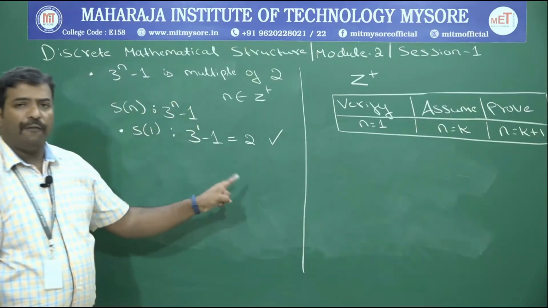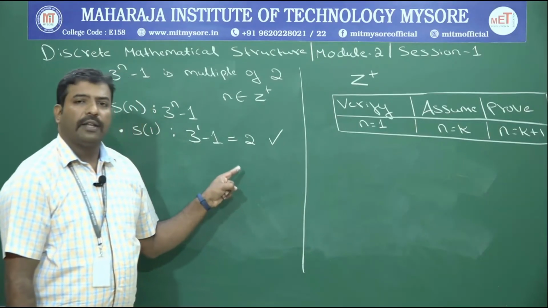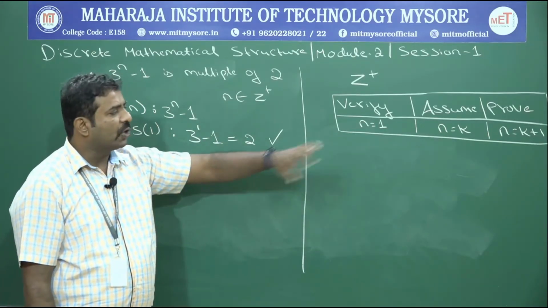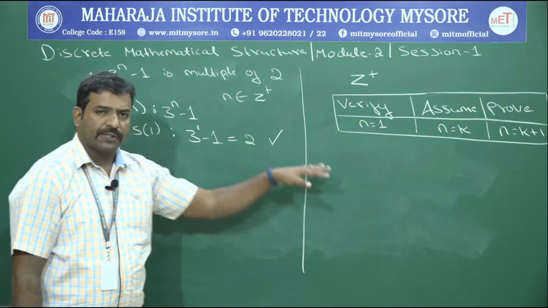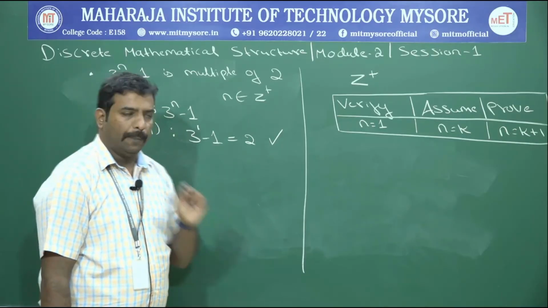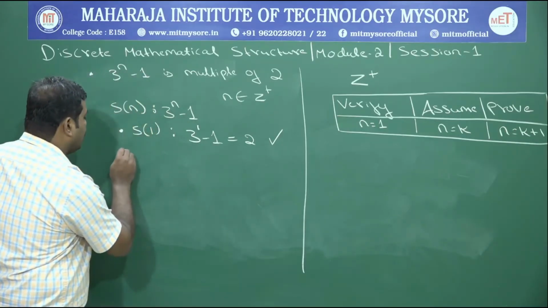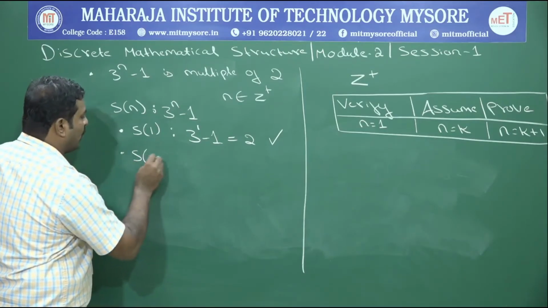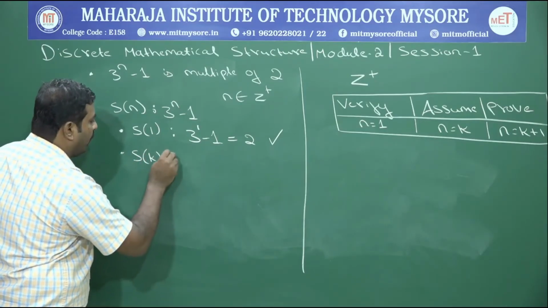If it is false, then at this step I need not go for the second and third steps. I can just stop and say the statement is false. Now the statement is true, hence it holds good. Now I need to assume with the second step as S of k.